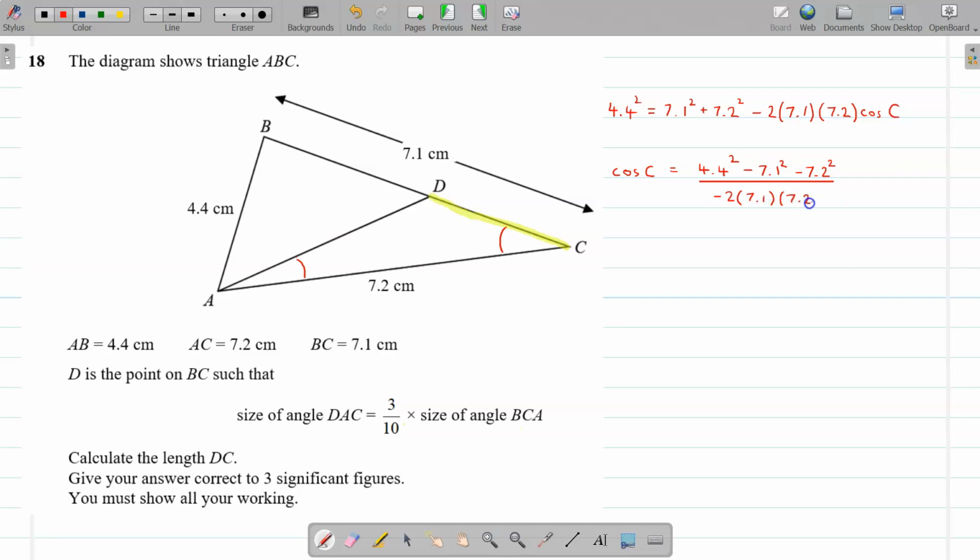So what I've done is I've just rearranged that formula there to give me cos C. And I can then find out what C is from the calculator by putting that in and doing the inverse cosine of that. And that comes out with the angle of C as being 36.40 degrees to 4 significant figures.